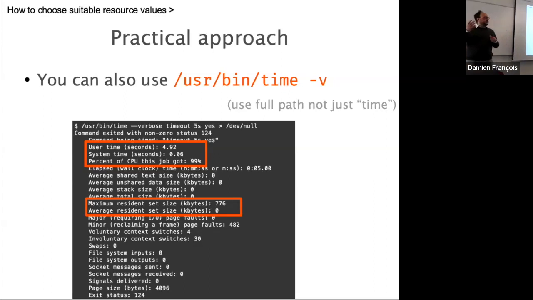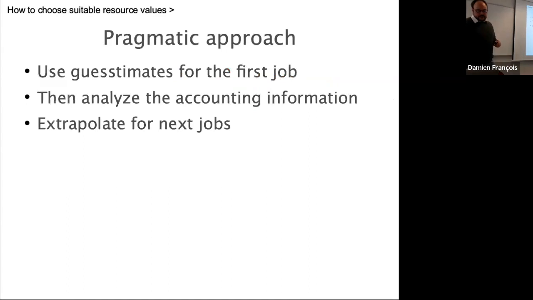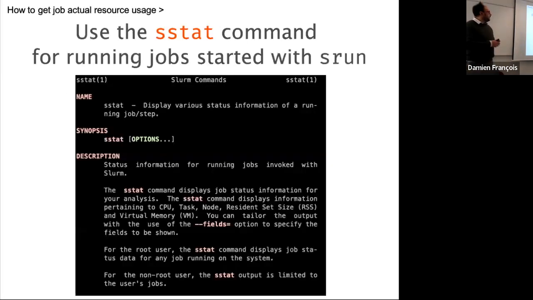So these are two ways to try to decide in advance how many CPUs and how much memory you will request in your job. What you can also do is use guesstimates for the first job. Like, it runs on my laptop, my laptop has 16 gigabytes of memory, so I can request 16 gigabytes of memory for the job. But then you can use the accounting to better choose the resources, with the sstat command.